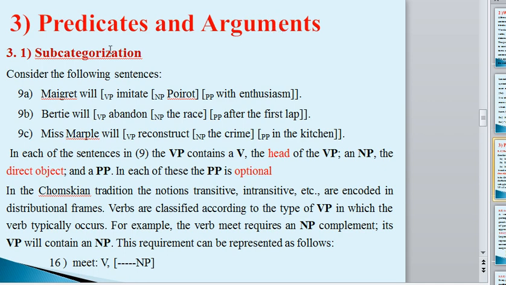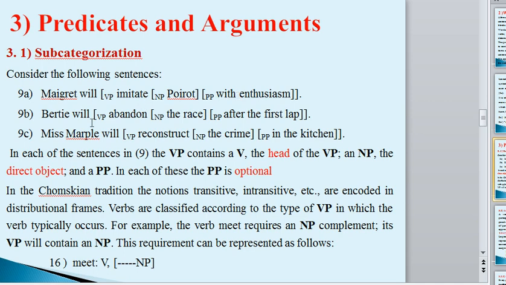Okay, first, subcategorization. Look at the sentences below. Number 9a, Margaret will imitate Poirot with enthusiasm. You see here we have phrases again: verb phrase, noun phrase, prepositional phrase.